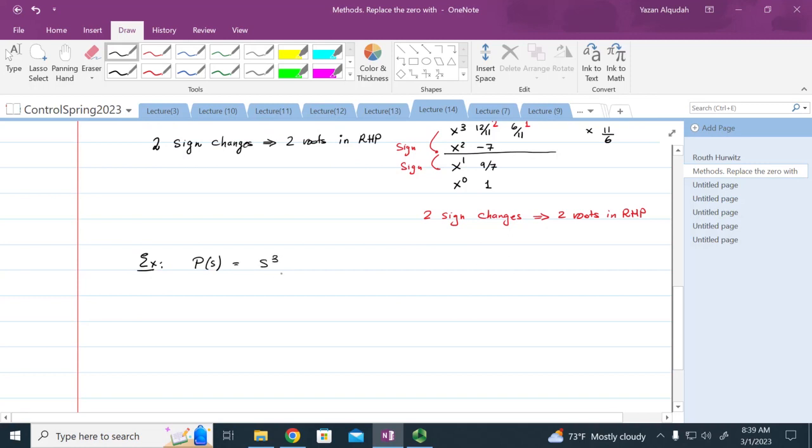Okay, let's look at a polynomial s cubed plus s squared plus 2s plus 2. S cubed, s squared, s to the 1, s to the 0.